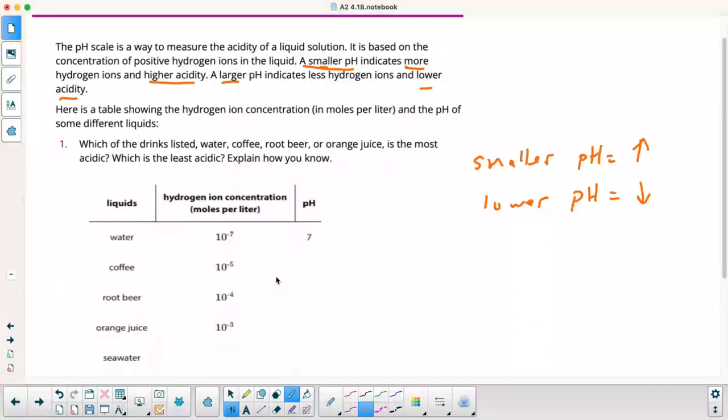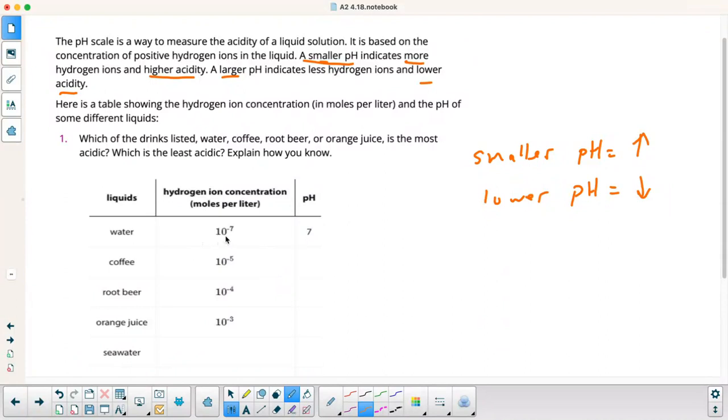So if this is 10 to the negative 7, this is my hydrogen ion concentration, and then this is a pH. So let's think here. If this has a number of negative 7 as the power and the pH is 7, that makes me think that it's just the opposite of these.